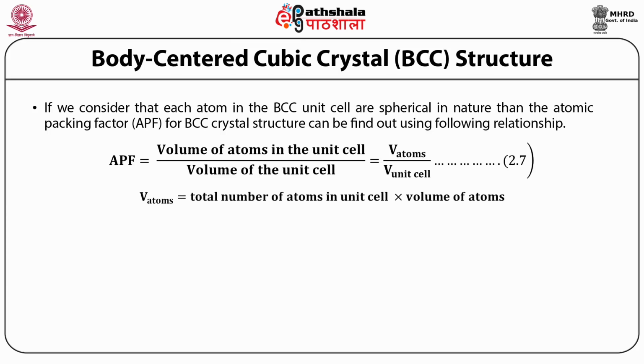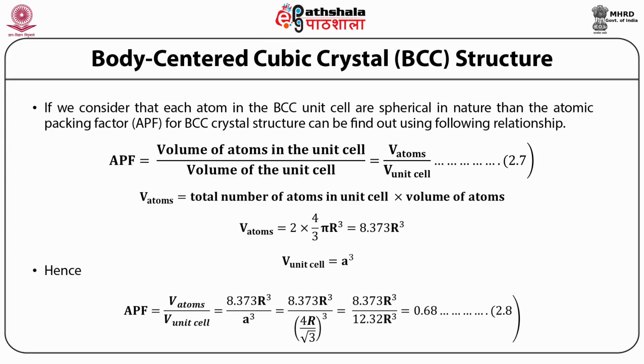V atoms is equal to the total number of atoms in the unit cell multiplied by the volume of an atom, which is nothing but equal to 2 multiplied by 4/3 π r³, which is equal to 8.373 r³, and V unit cell is equal to a³.